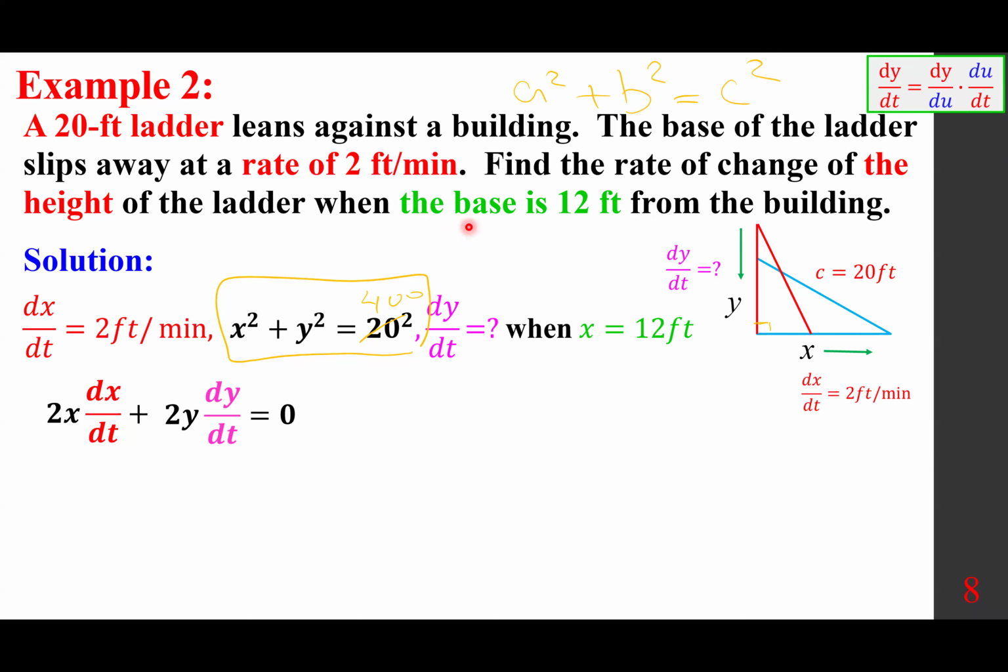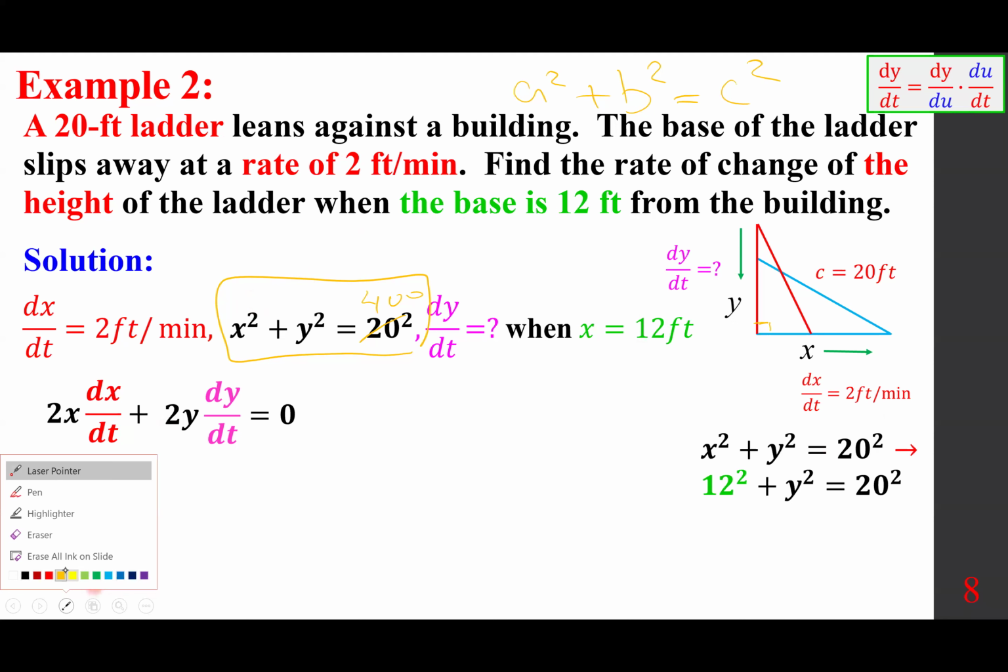So at the moment that x is 12, put it in the Pythagorean theorem, x squared plus y squared equals 20 squared, which means 400.